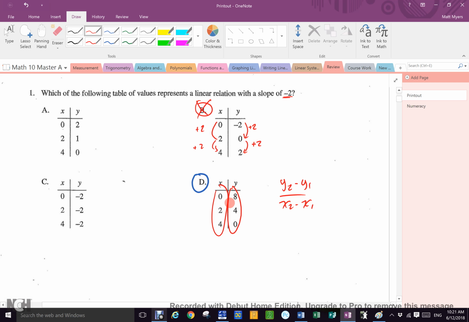Y's. 8 minus 4, y minus y, over 0 minus 2 for the x's. 8 minus 4 is 4. 0 minus 2 is -2. And I get it that way. Everybody cool? Okay.